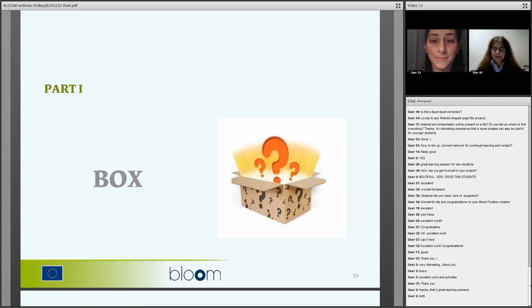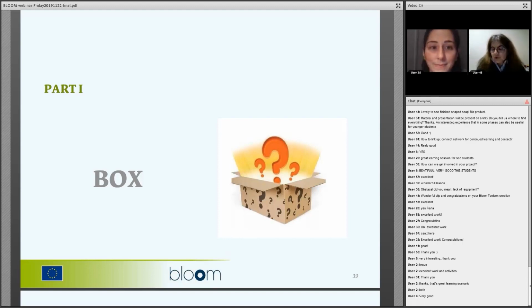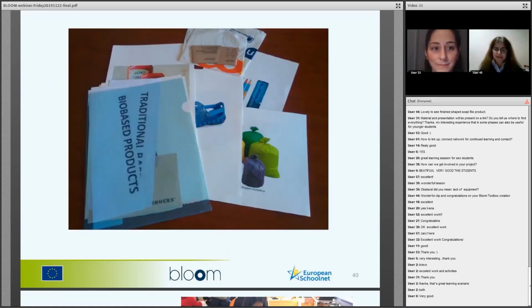About the box, when we went looking for bio-based materials to put in our box, this was a problem. So maybe you will have the same problem as we had, because we didn't find them. The solution we found was to display pictures of bio-based products and traditional products.